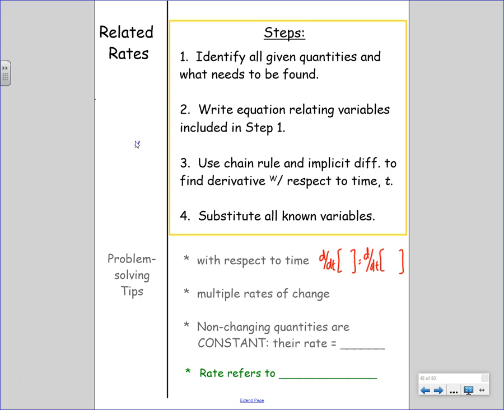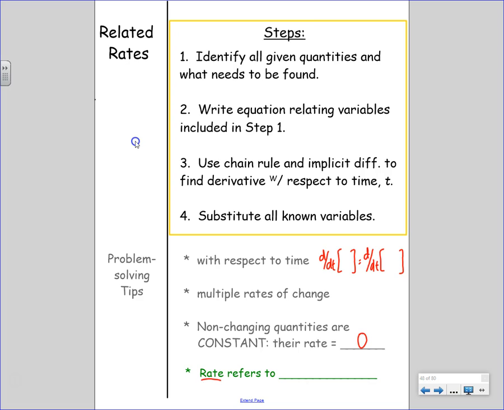Non-changing quantities: if you visualize what's going on, which is always a good idea, and something is not changing as it's moving, then the rate is just going to be 0. So maybe you have a dr/dt or a dx/dt or a dy/dt, and you think, wait, that measurement isn't changing. Well then, it's constant, so it doesn't have a rate, and I plug in 0 for that.